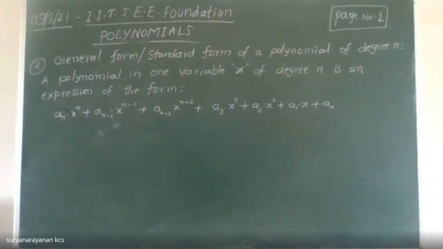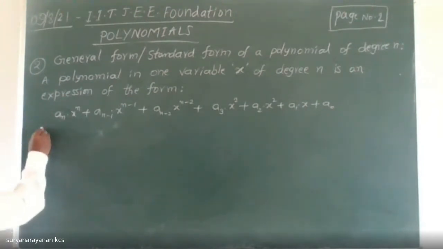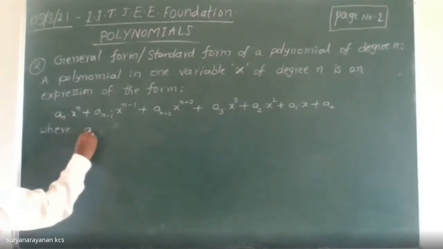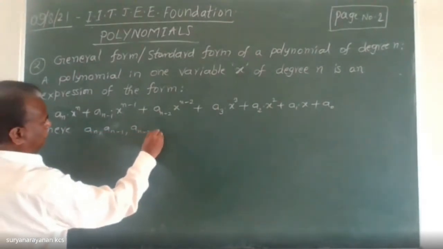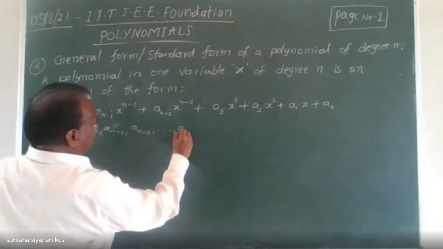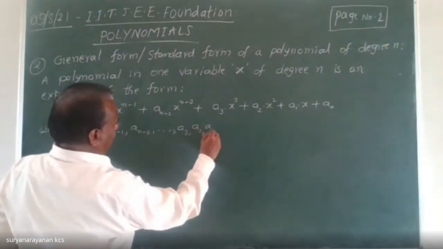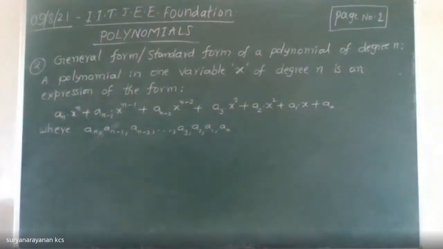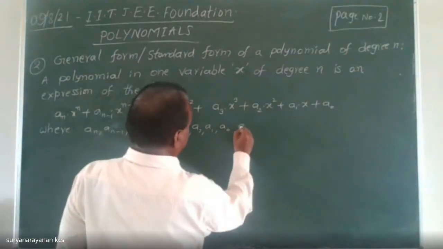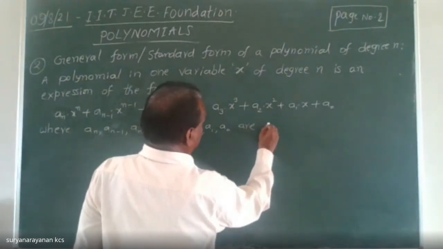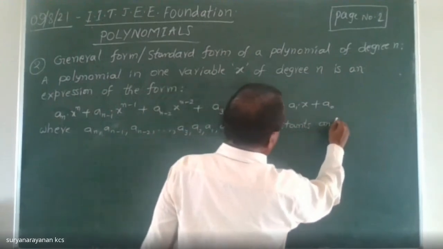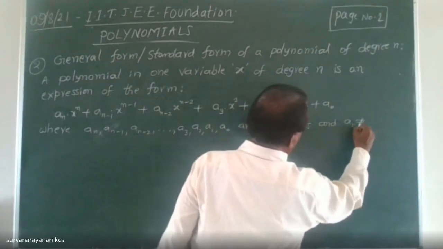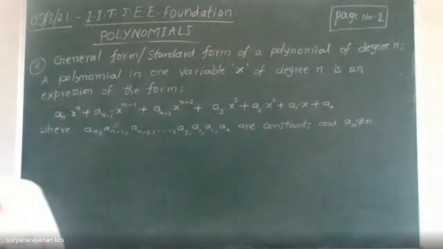This is the general form of a polynomial where a n minus 1, a n minus 2 and so on, a3, a2, a1, a n are all constants and a n is not equal to 0.